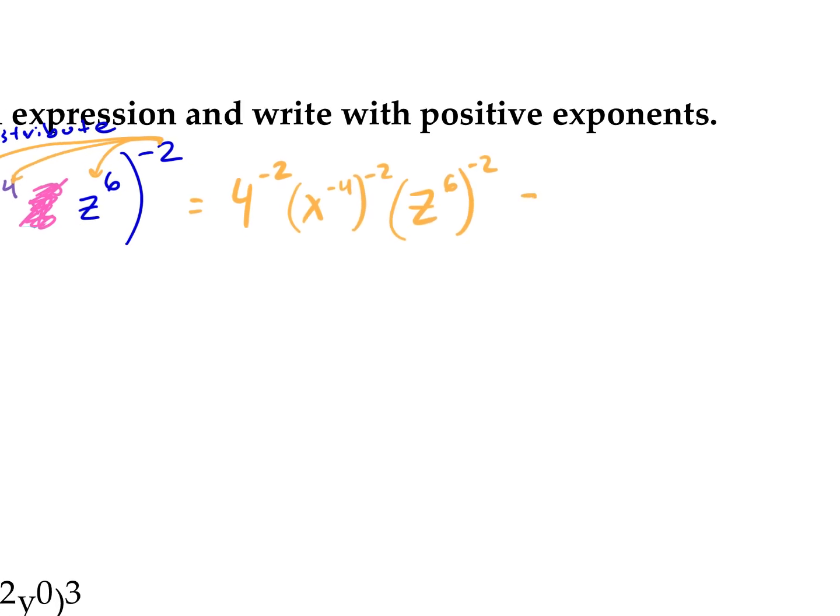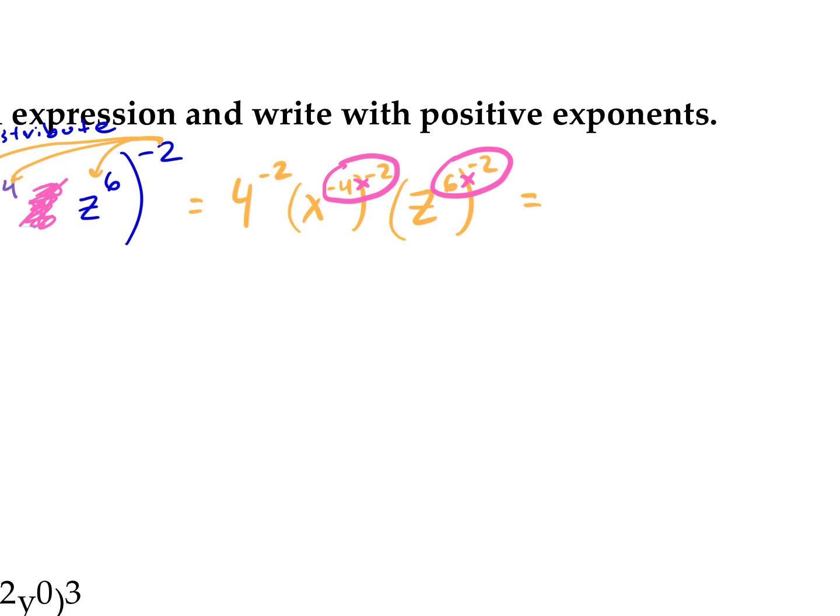A couple different things that we can do. Andrew, what should I do? Get rid of the parentheses. So multiply the -4 and -2 and 6 and -2. Awesome. What do I do when I have an exponent raised to an exponent? Multiply. So we can multiply to simplify a little bit, get rid of those parentheses inside.